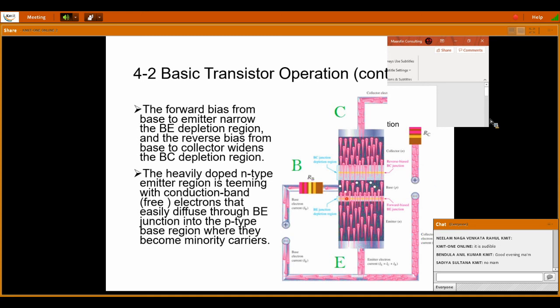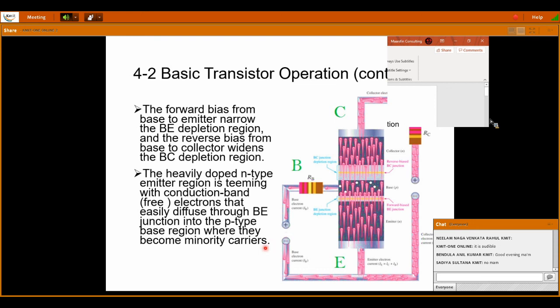Now carefully observe that the depletion layer width is very small at the input junction, whereas the depletion layer width is larger at the output junction, since your base to emitter junction is forward biased using this DC supply, whereas your output junction between collector and base is reverse biased using this DC supply. Hence the barrier is larger at the collector to base output junction, whereas the barrier is very small at your input junction.